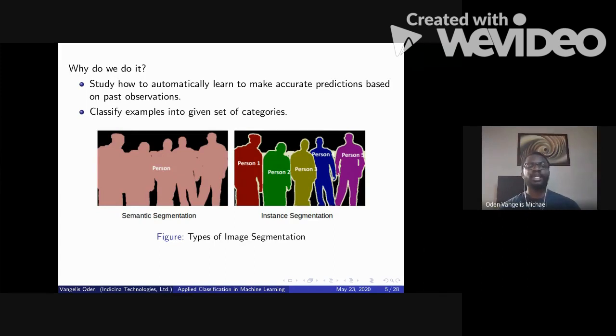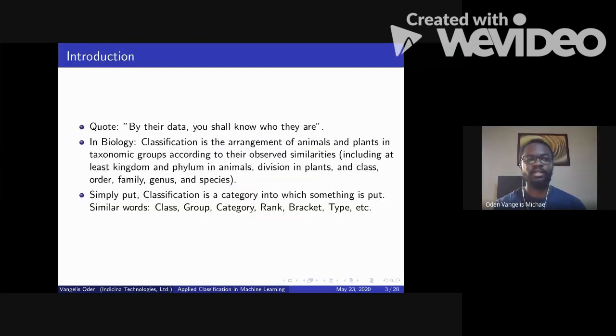So why do we do what we do? We try to study how to automatically learn to make accurate predictions based on past observations. At the beginning of the slide, I said, by their data, you shall know who they are.